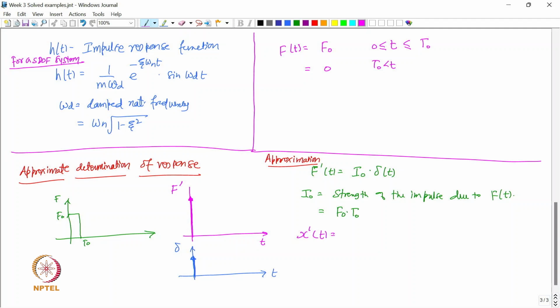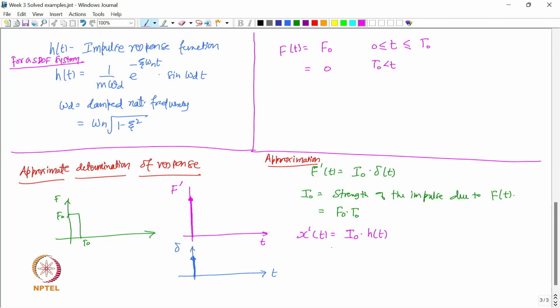So, x dash of t would be equal to I naught multiplied by h of t, right, because h of t is the response due to delta of t. We already found in the lecture classes that h of t is nothing but the response to delta of t acting on the structure. And if that is scaled by a scalar I naught, the impulse response would also get scaled by I naught, and that would produce the response.